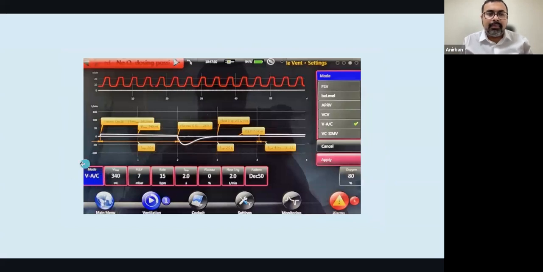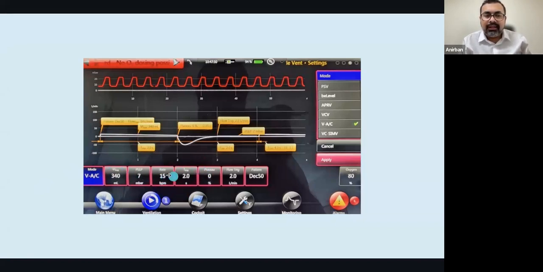Now, this is volume assist control. In assist control mode, the patient gets to trigger the ventilator. The rest of the breaths are ventilator driven mandatory breaths. So again, tidal volume, inspiratory time, respiratory rate.